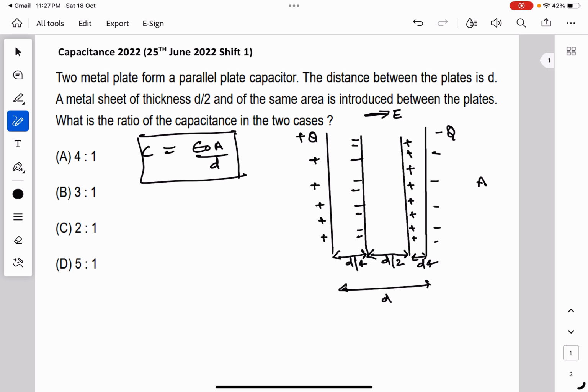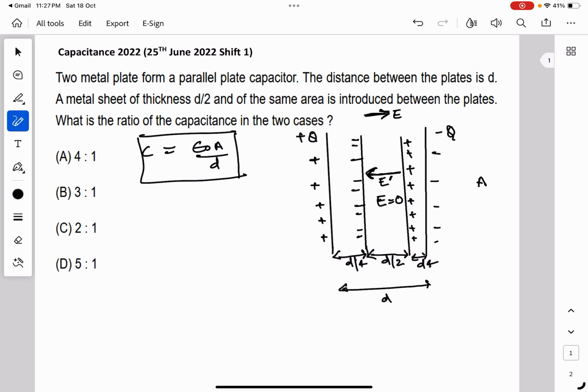These charges are induced in such a way that the induced electric field is equal and opposite to the external electric field. So this induced electric field is opposite to the electric field we had because of this parallel plate capacitor. So the electric field inside the conducting slab or metallic sheet becomes 0.